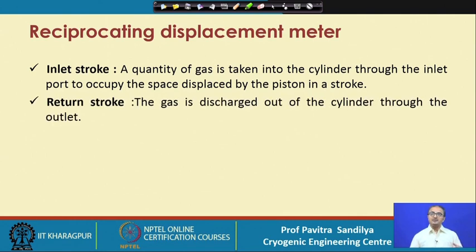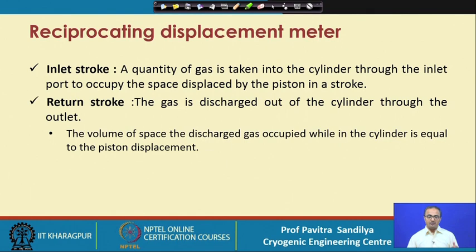Then there is a return stroke, during which the outlet port opens and the inlet port closes, and whatever fluid was sucked in during the inlet stroke is pushed out from the outlet port. Whatever displacement of the piston takes place is the amount of fluid going inside the chamber.